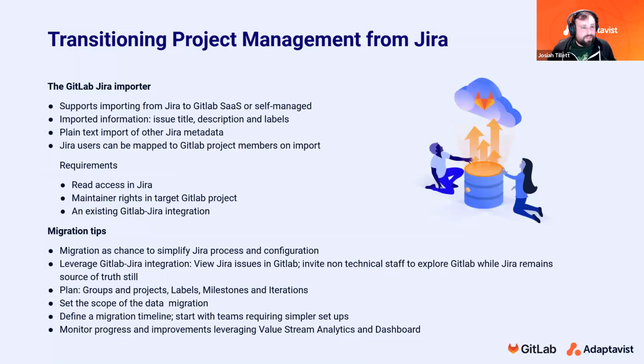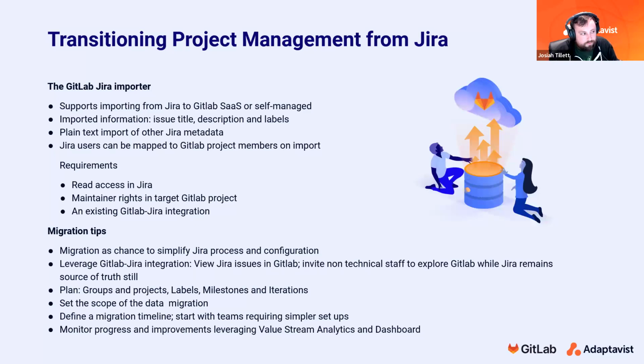If you're currently using something like Jira for project management, GitLab also has an importing tool for that. You can import from Jira to GitLab.com or to self-managed. It'll pull all of your important information, like your issue titles, your descriptions, your labels.